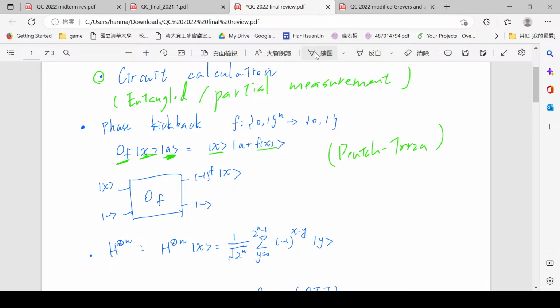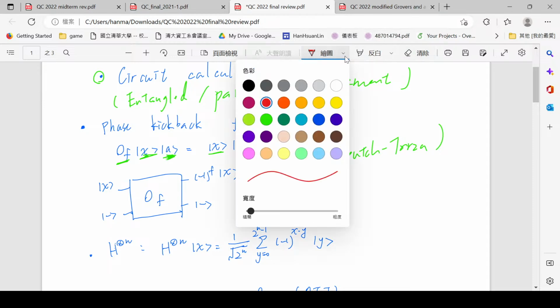Being reversible, you cannot just write f of x in the second register, so you will do a mod 2 addition onto a. So if a is 0, then you will just write f of x here. But if a is 1, then it's basically the negation of f of x, because everything needs to stay reversible.